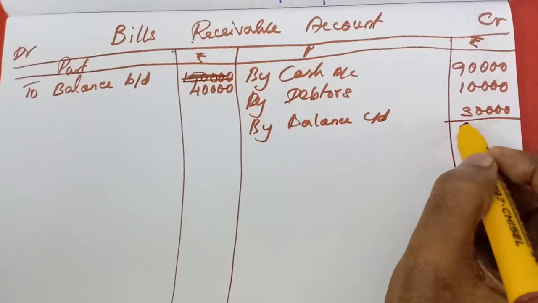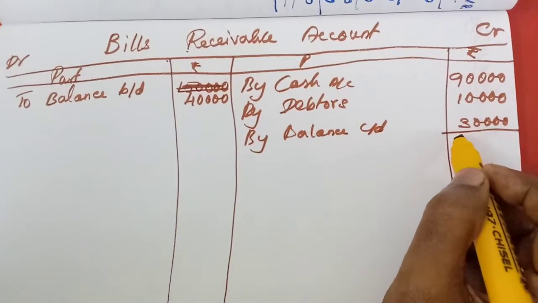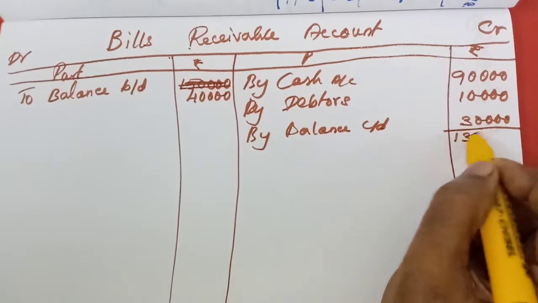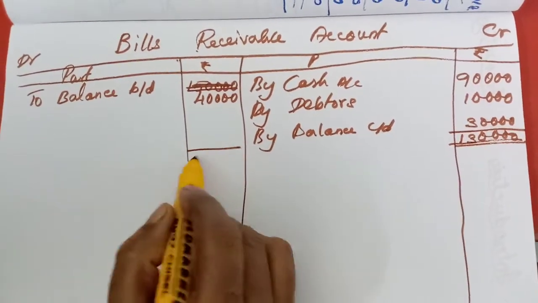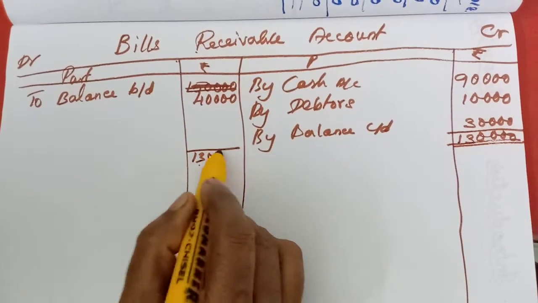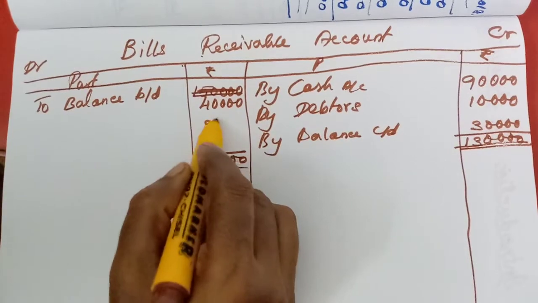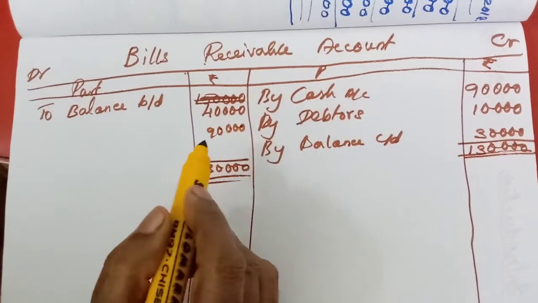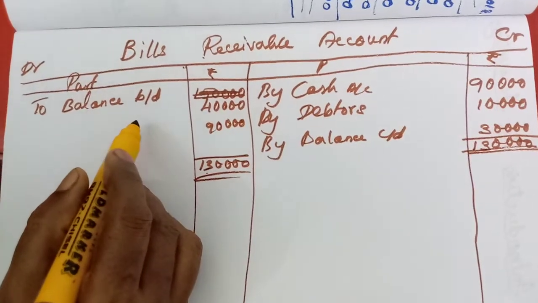So 1,30,000, write the same amount here, 1,30,000. So what is the amount? 90,000. The 90,000 is the bills receivable received.